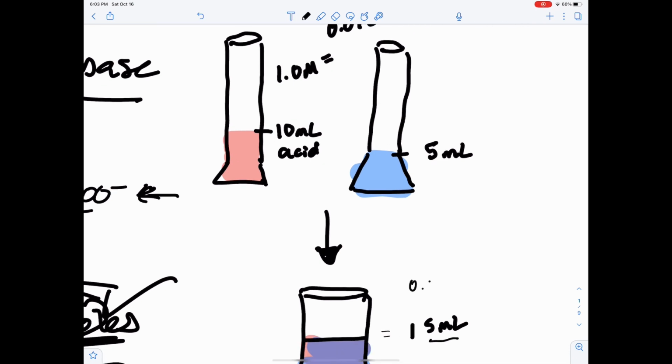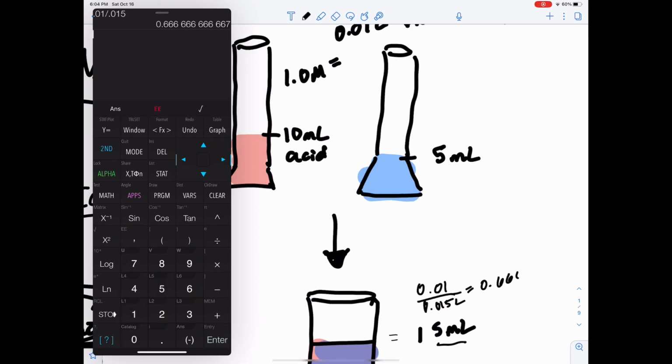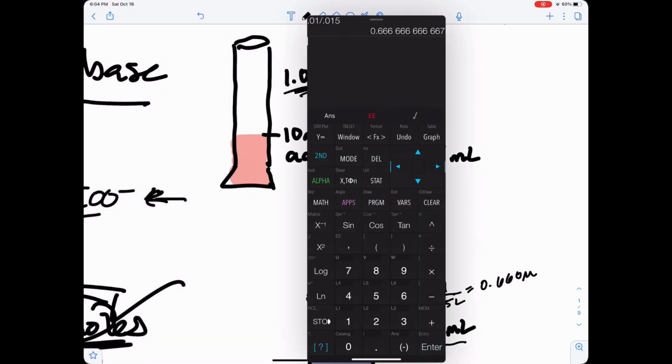Now, my moles of acid are going to be divided by the new volume, because once they're combined with something else, it's got a higher volume, so it's divided by the 15 milliliters. So I'm going to plug that in, 0.01 divided by 0.015, and that's 0.6666. So you can see this is not the same as the 1 molarity. They're different.